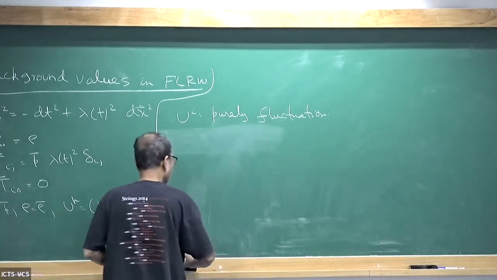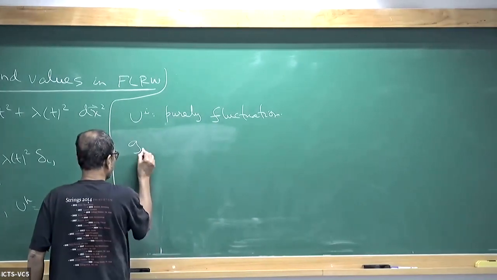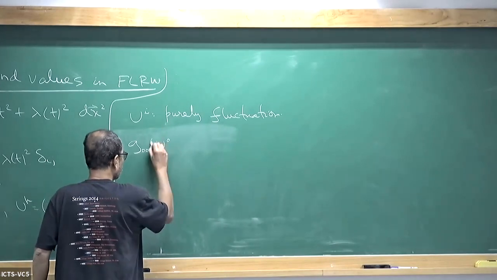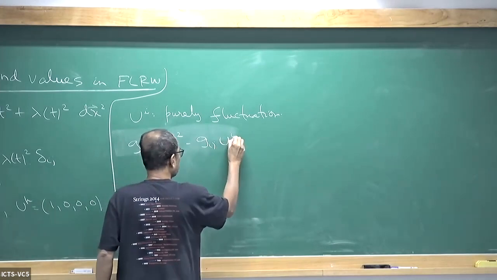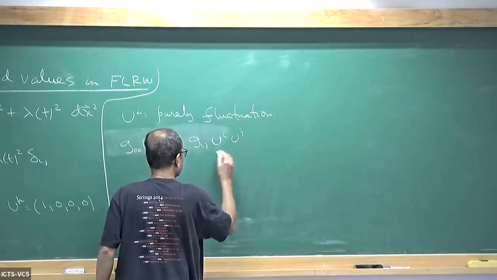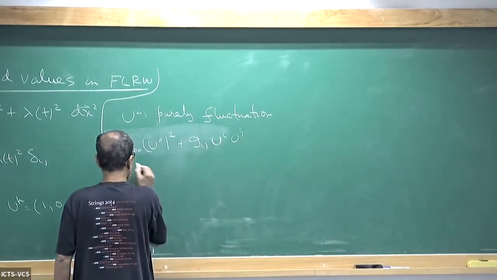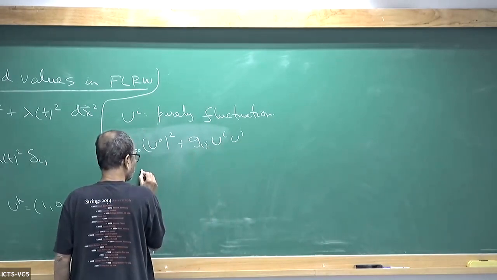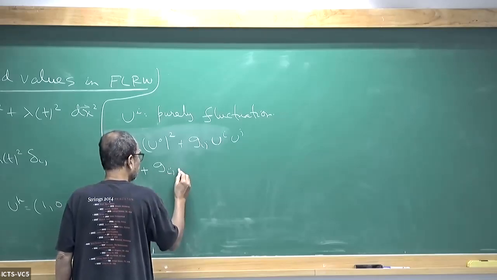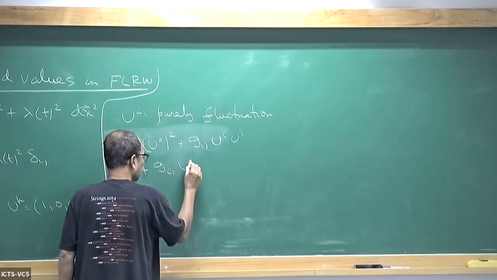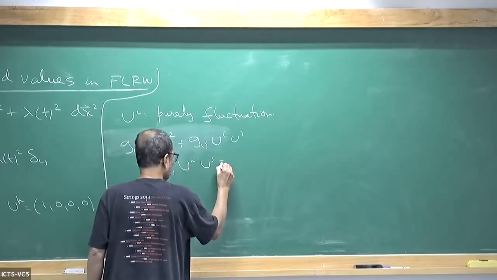So we have this condition: G00 U0 squared plus 2 Gi0 U0 Ui plus Gij Ui Uj equal to minus 1.